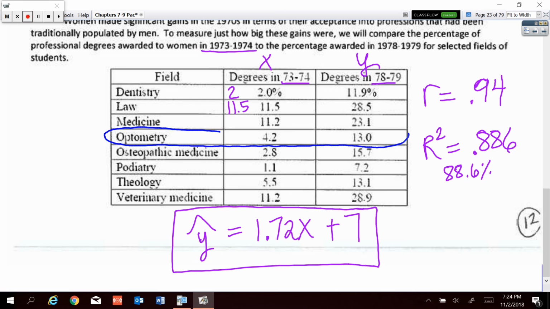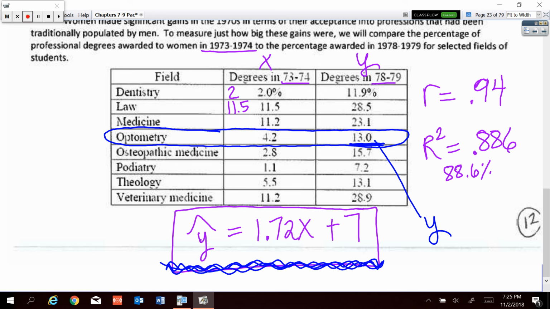It has an x value of 4.2 and the actual y is 13. So that is the actual y for optometry. But remember our good old function of the least squares regression line? That's how you can compute predicted y.